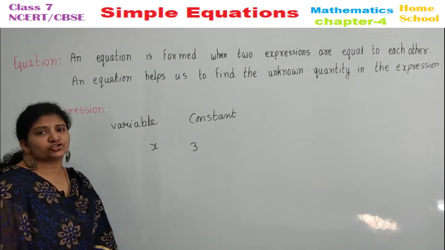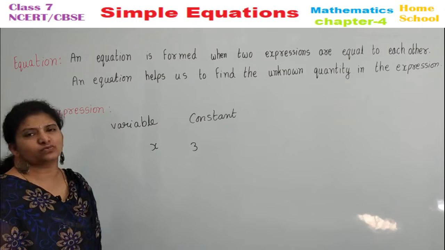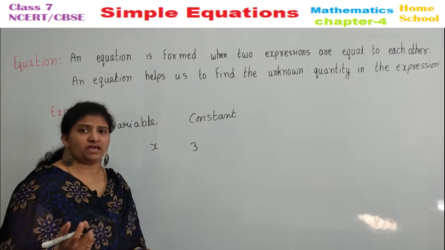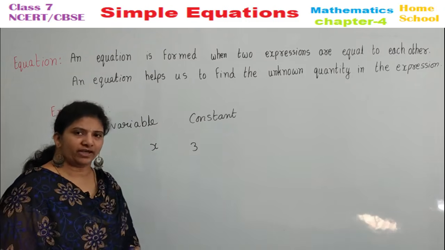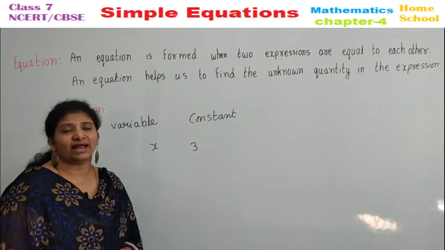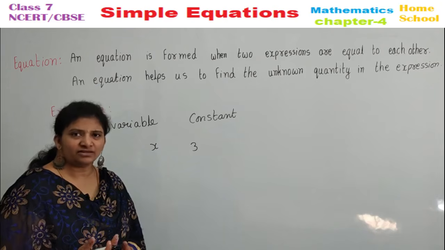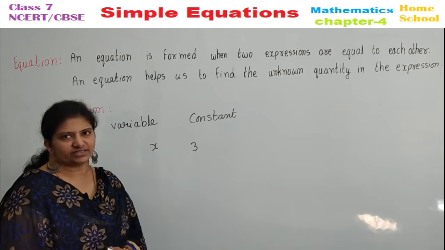A variable is usually represented by alphabets. It may be x, y, a, b, c, p, q. Any alphabet we can use for the variable. Variable values always vary.